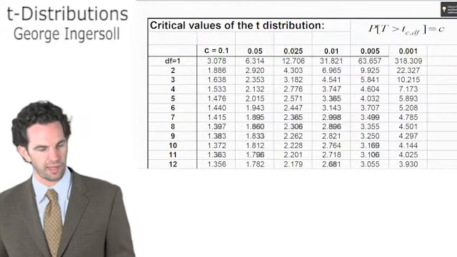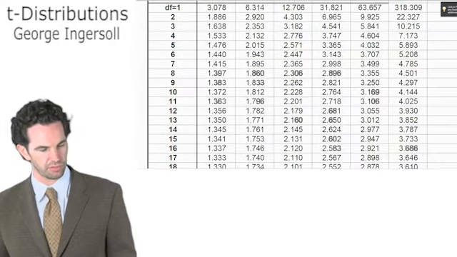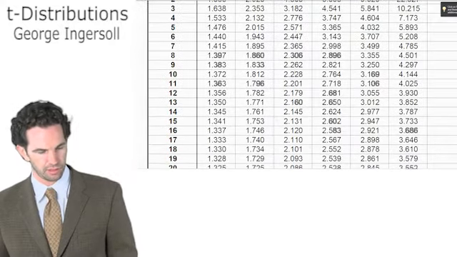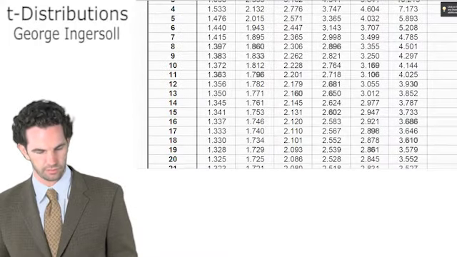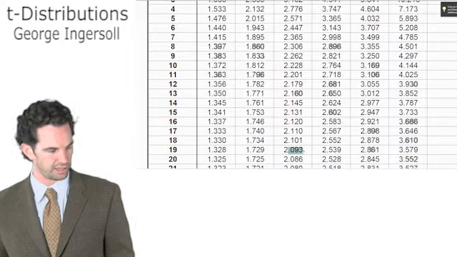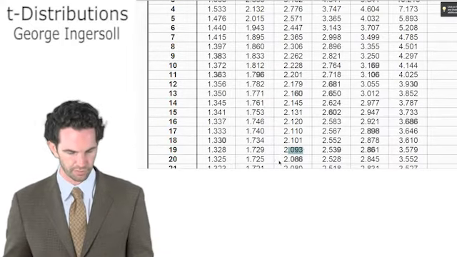0.025, and we have a certain number of degrees of freedom. Our sample size was 20, so our degrees of freedom was 19. And remember, I'm in the 0.025 column. And what I get is 2.093. So I'm going to write that down.